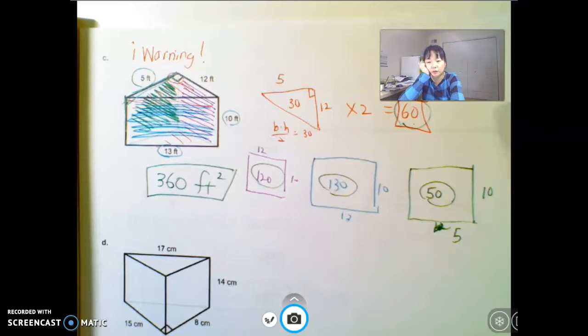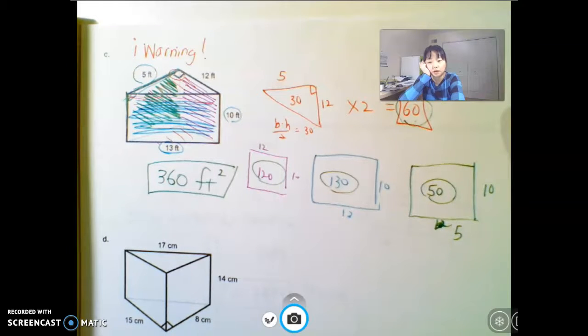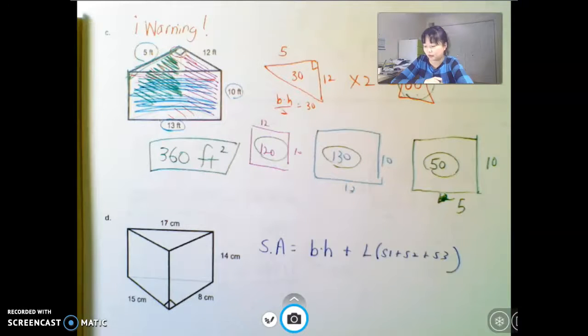So that's one way. If you like the formula way, let me show you the formula for the triangular prism too, okay? The surface area is base times height.